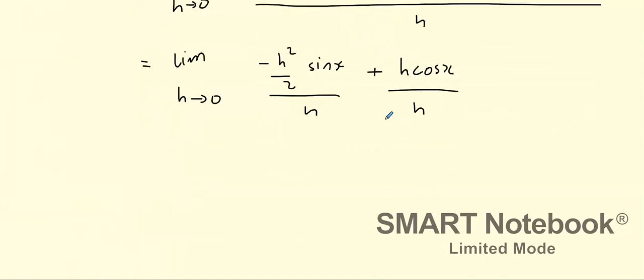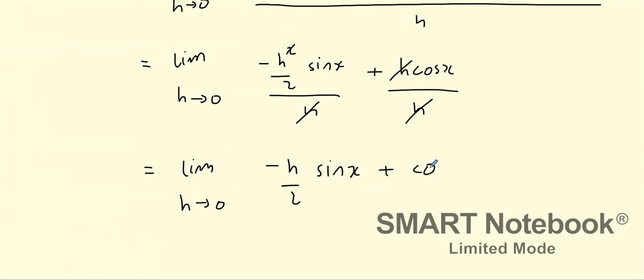Is everyone happy with that? Now, when I do h squared over 2 divided by h, I'm going to cross out one of these h's with the h squared. And for the second term, this h is going to cancel out with this h. So then I get the limit as h tends to 0 of minus h over 2 sine x plus cos x.